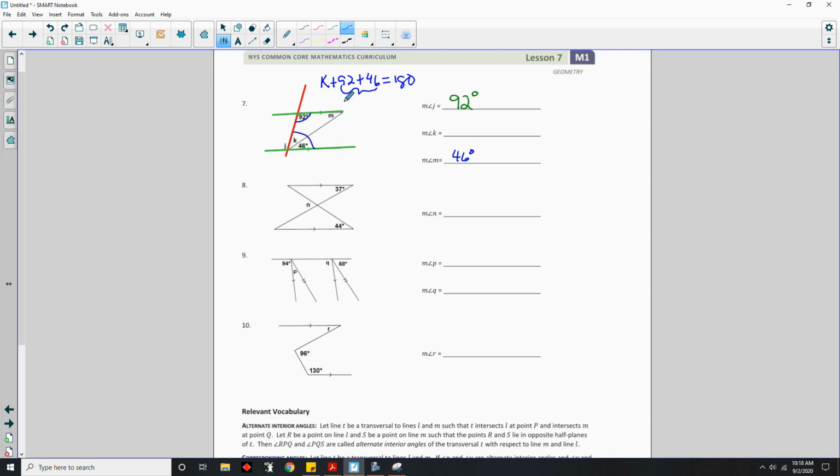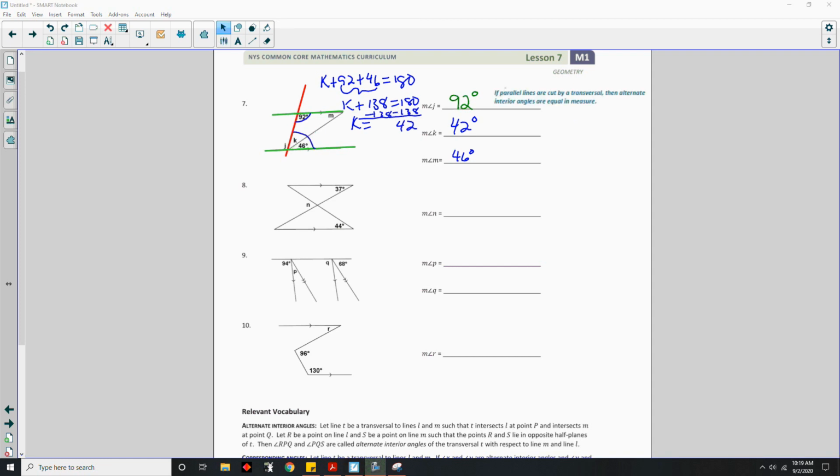Combine like terms: 6 plus 2 is 8, 9 plus 4 is 13, so K plus 138 equals 180. Subtract 138 from both sides, and K equals 10 minus 8 is 2, 7 minus 3 is 4. 42 degrees.